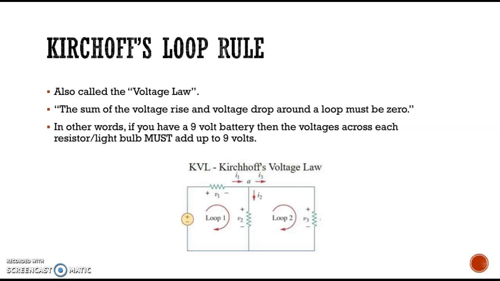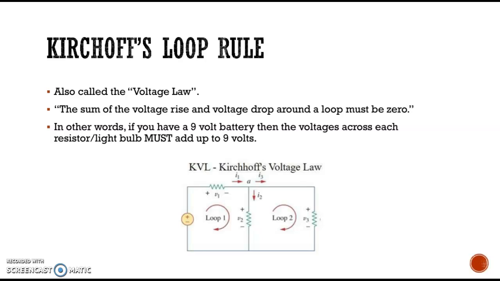When we did the activity with the voltmeter, we didn't explicitly talk about Kirchhoff's loop rule or voltage law, but we did actually talk about some of the points that should be hit in that law. In English, officially, the law reads that the sum of the voltage rise and voltage drop around a loop must be 0.